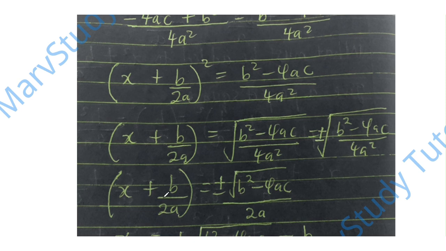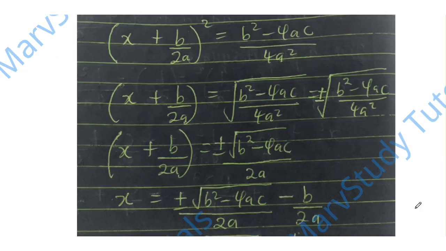Remember, the main goal of every quadratic equation is to find the two solutions that satisfy that particular quadratic expression. So all we need to do is to take the positive b over 2a to the right hand side, so that we just have x, which is what we are actually looking for. So we have x equals plus or minus the square root of b squared minus 4ac all over 2a, minus b over 2a.